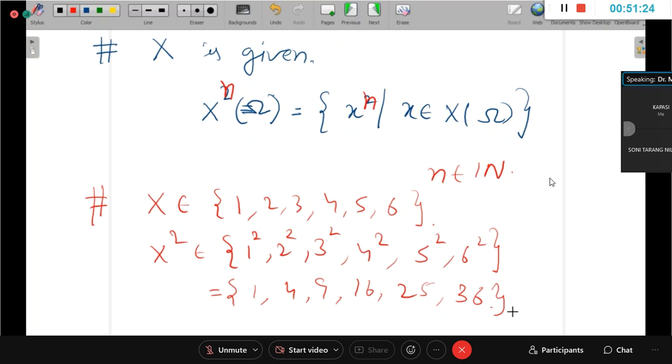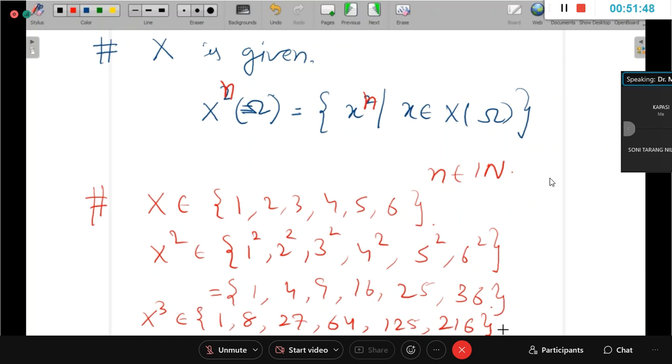Similarly, you can identify the x cube. X cube belongs to 1, 8, 27, 64, 125, and 216, and so on.